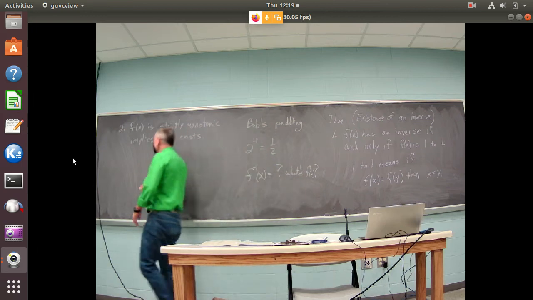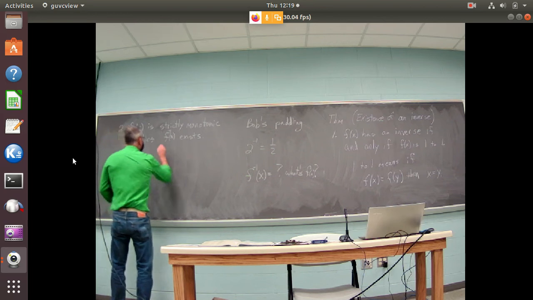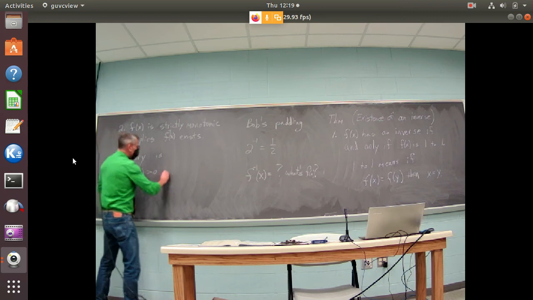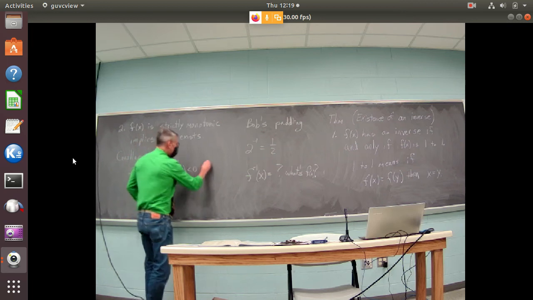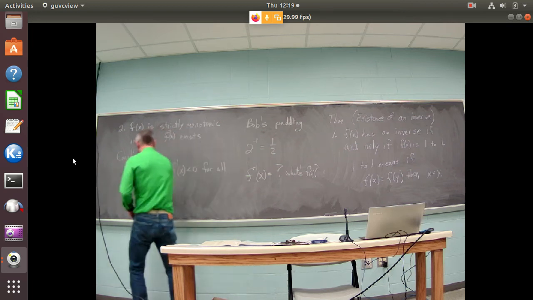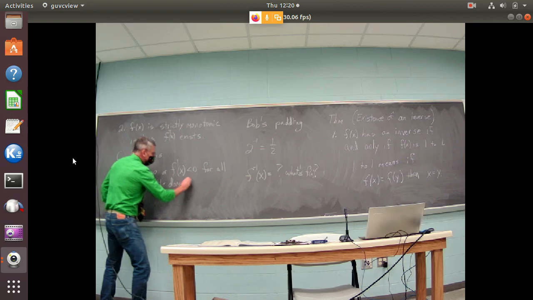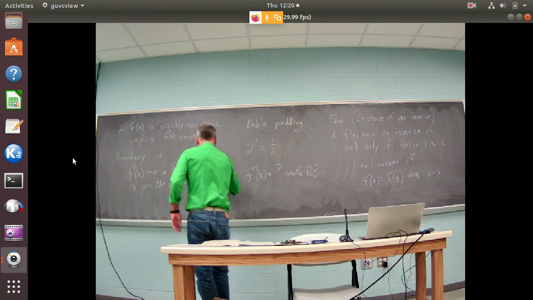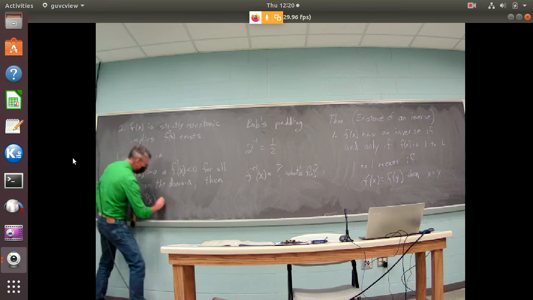So a corollary in this case is, if f prime of x is strictly greater than 0, or f prime of x is strictly less than 0, for all x in the domain of f, then f inverse of x exists.